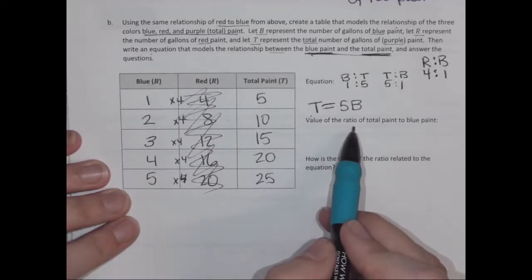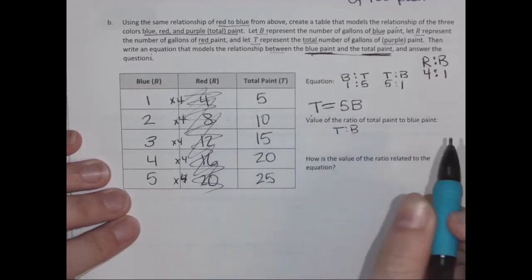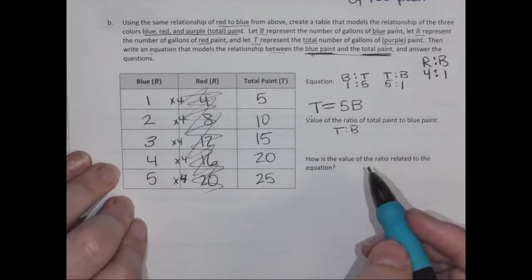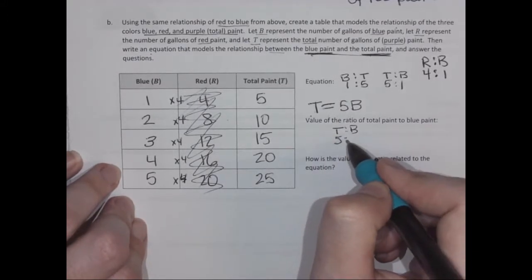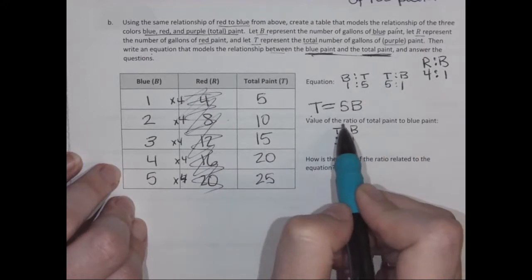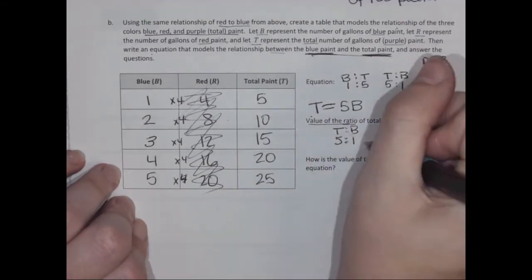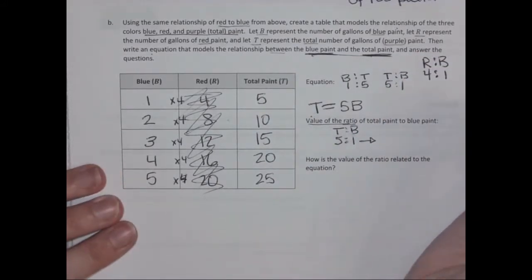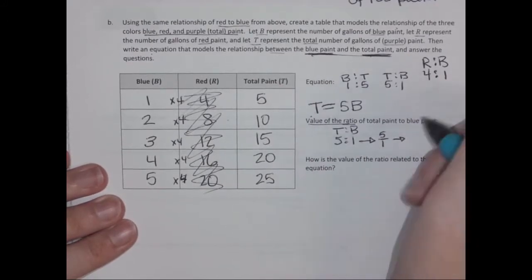What is the ratio of total paint to blue paint? Did we find that up here? Yes. What is the total to blue ratio? Say it. Good. Did it ask for the ratio or the value of the ratio? The value. So we can write it as a fraction. Can I write this fraction as a whole number? Yes.